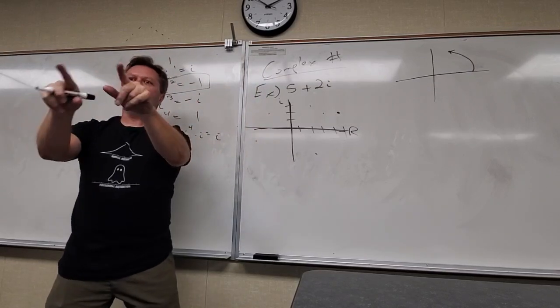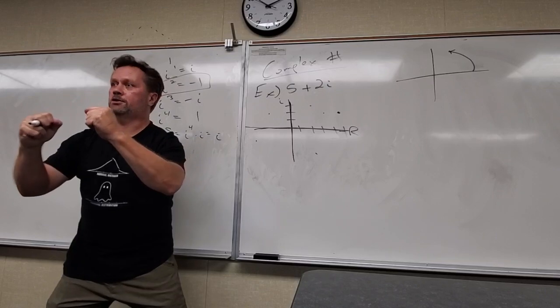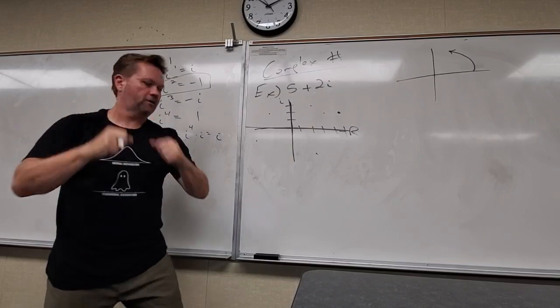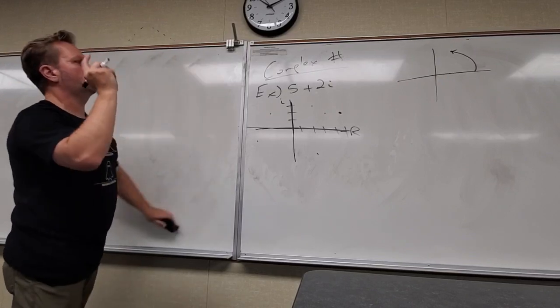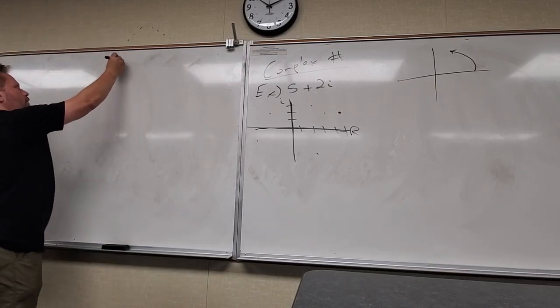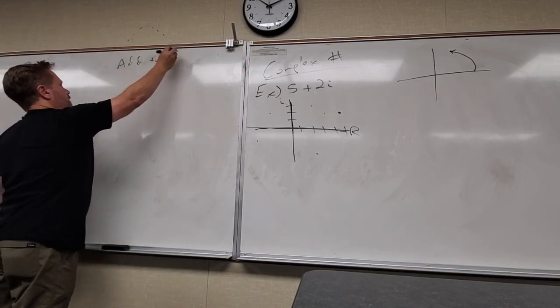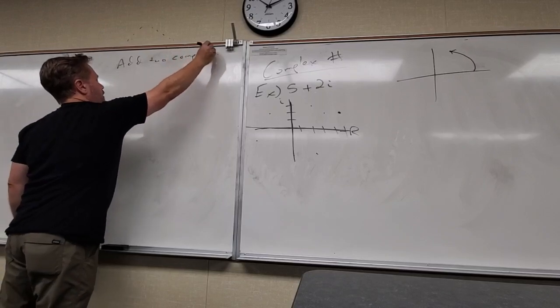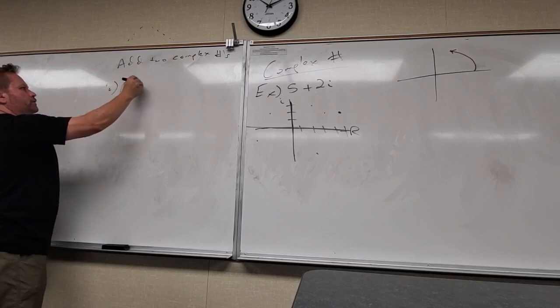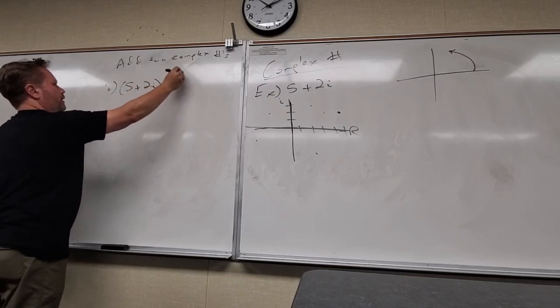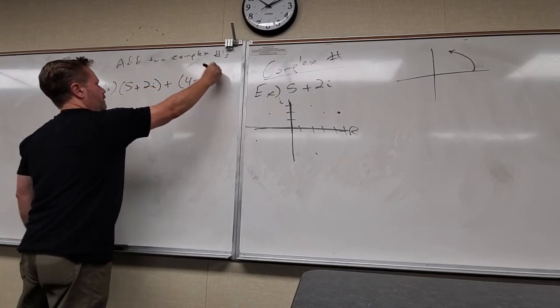I like it. So right now I know you're like, okay, what am I going to do with this, Jeff? What do I have to worry about? The most basic thing we're going to have to do is going to be awesome. Can you guys add complex numbers? Watch this. Just go with what your gut says. What is 5 plus 2i plus 4 minus 7i?